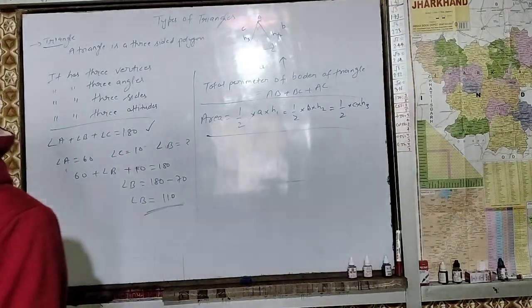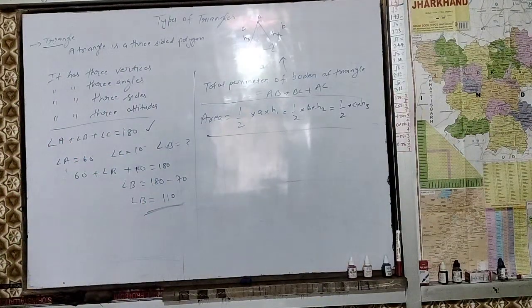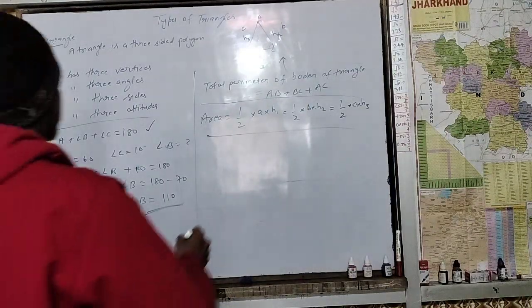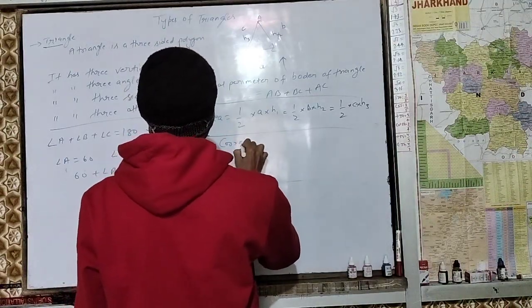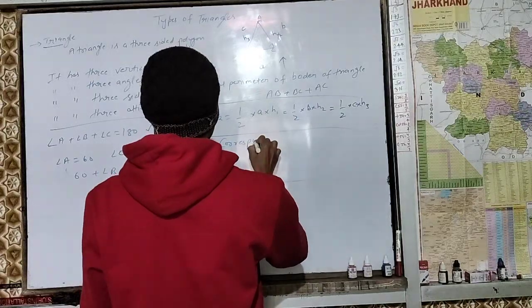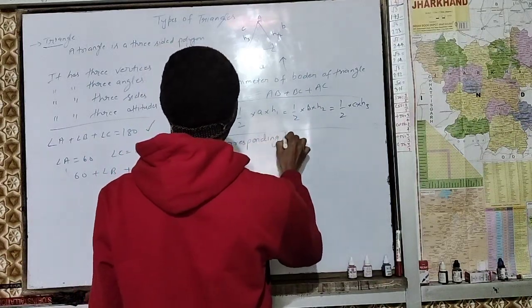Okay. We saw about how to calculate area. Corresponding height. Let's say corresponding height.